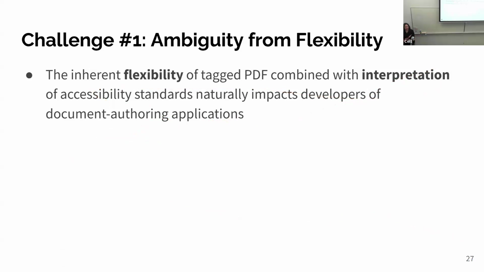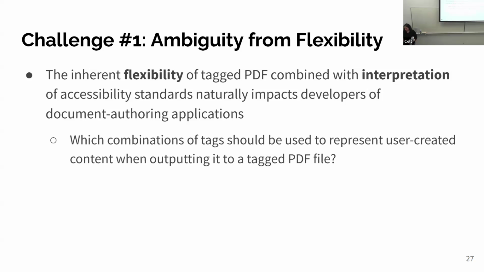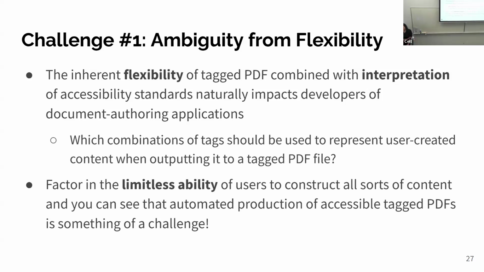So you can have slight changes, or maybe grotesque changes, across different software. Which combinations of tags should be used to represent user-created content when you're outputting it into a tagged PDF file? It can change across authoring applications.